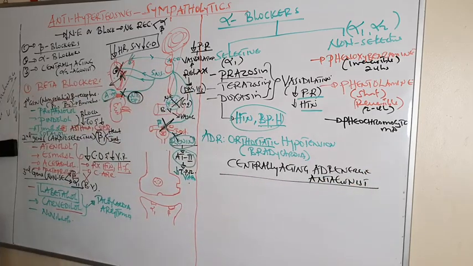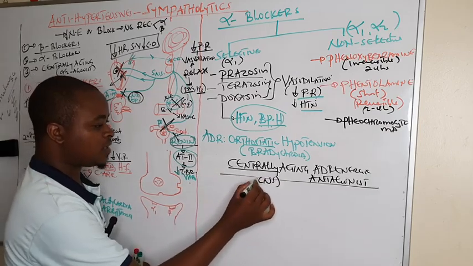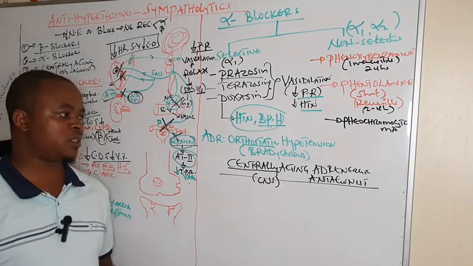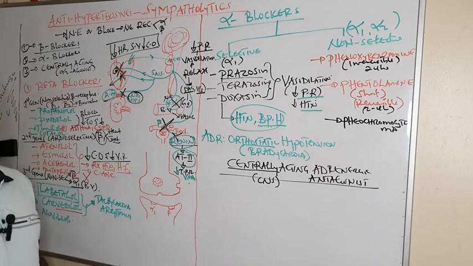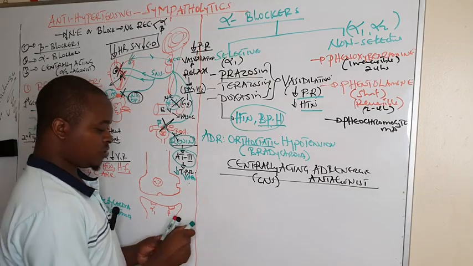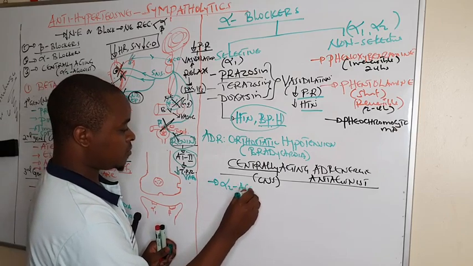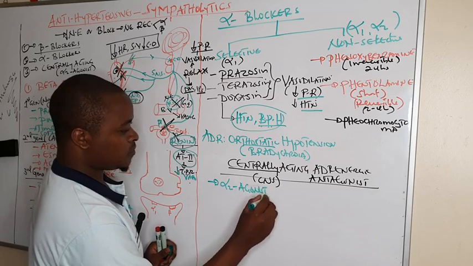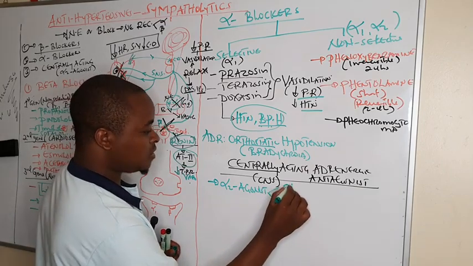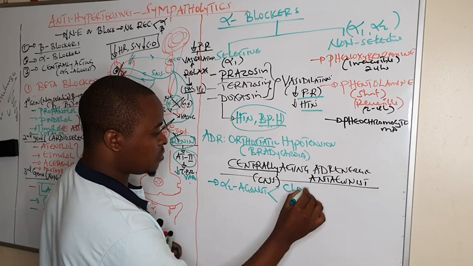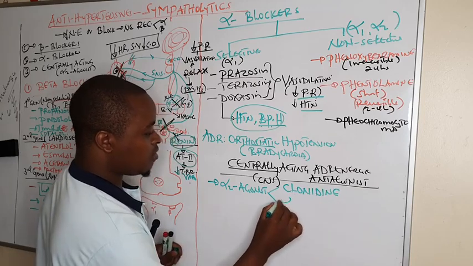These ones, as the word suggests, work in the CNS, that is majorly the brain and the spinal cord, whereby these centrally acting agents include majorly the alpha-2 agonists. And the alpha-2 agonists we have here are clonidine and alpha-methyldopa.